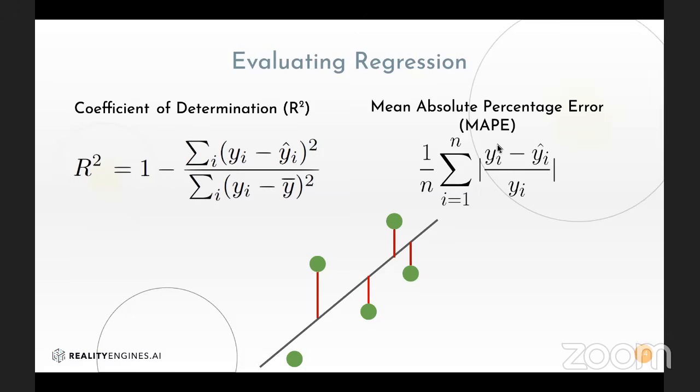MAPE has problems itself. Sometimes, if your data has a lot of 0 points, then it's undefined. There are ways of getting around that, but it's also another good metric for gauging what your residuals look like.